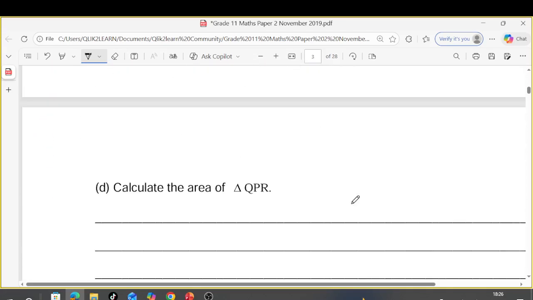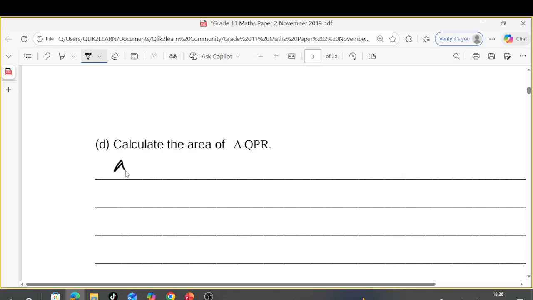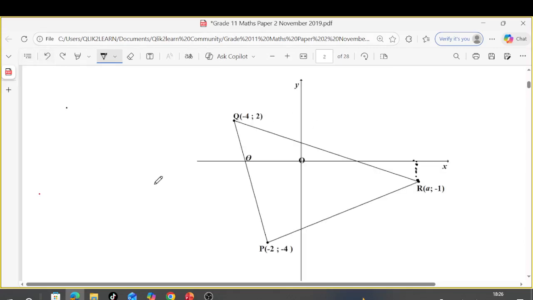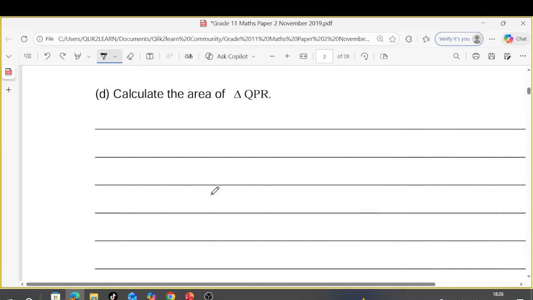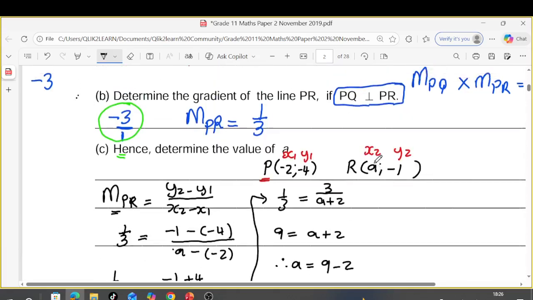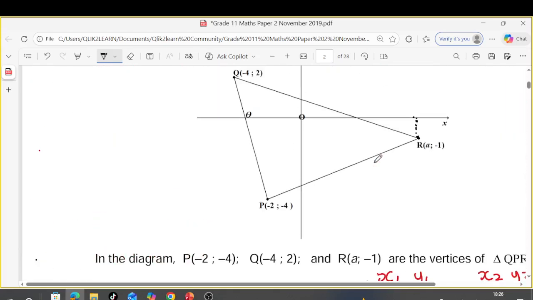We're going to say that the area of a triangle is equal to half base times the height. So what I'm going to do is calculate the length of QP, and also the length of PR.